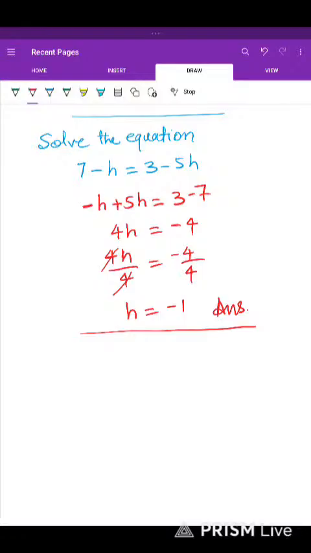And 7 is subtracted from the right hand side. 5h is added on the left hand side, so we have 4h on the left hand side and minus 4 on the right hand side. Then we divide both sides by 4. That gives us h on the left side and minus 1 on the right side.